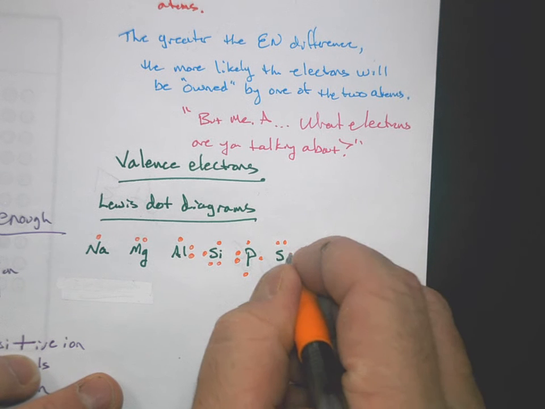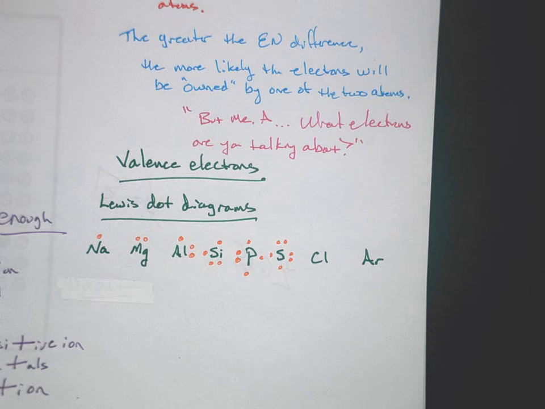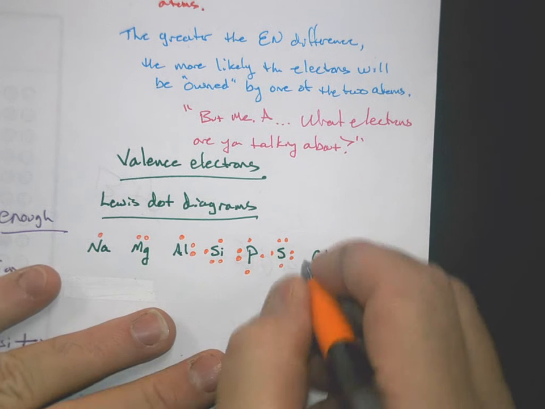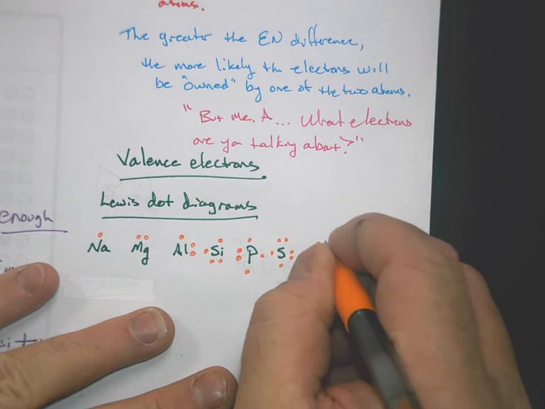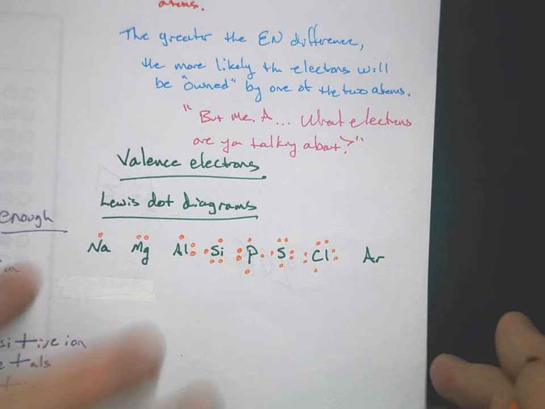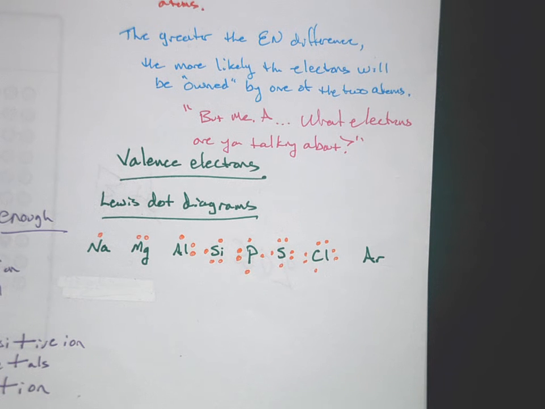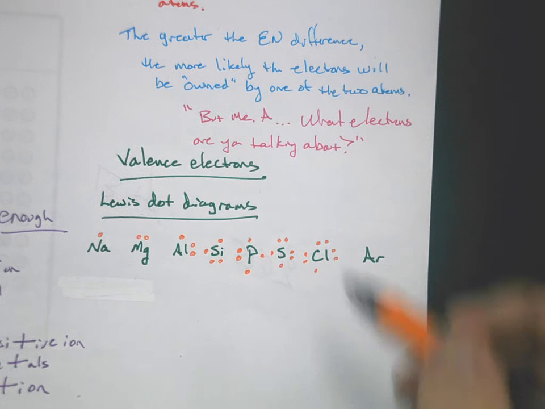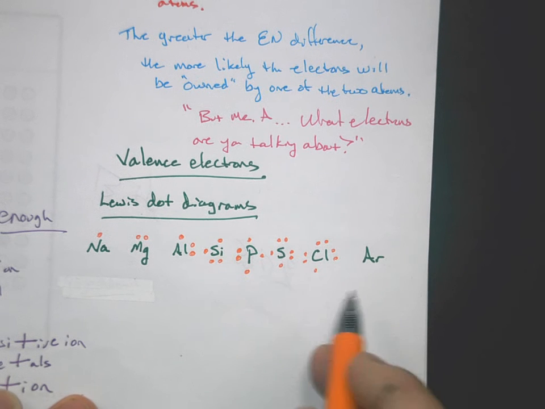So sulfur would have two paired electrons and 2 unpaired electrons. Okay? Chlorine is going to have first 2. Once you understand the pattern and how they fill in, then you can just draw the 7. You don't have to draw them in any particular way, because no matter how you draw 7, you're going to have 3 sides of 2 and 1 of 1.